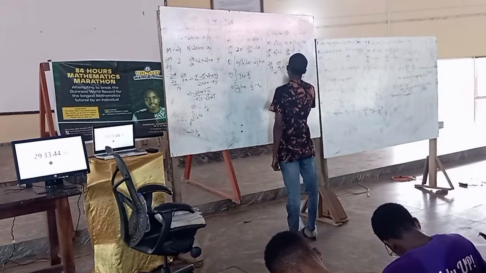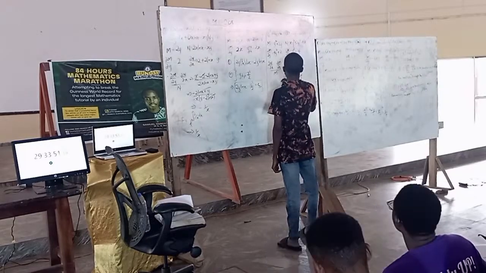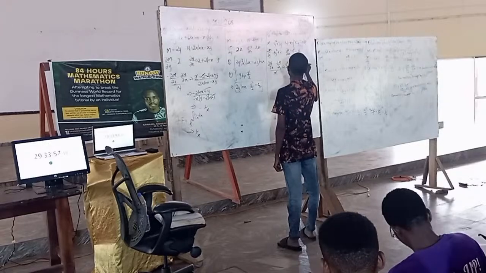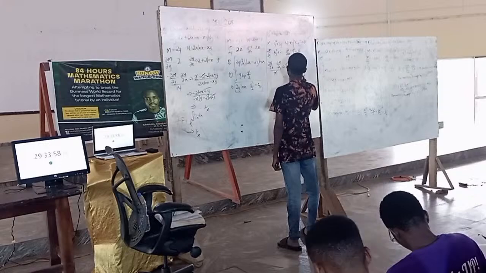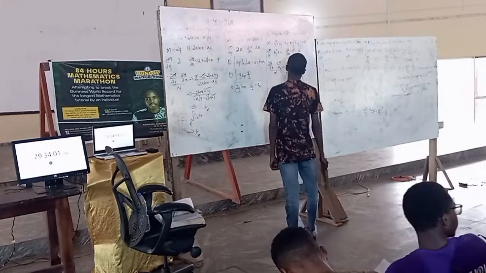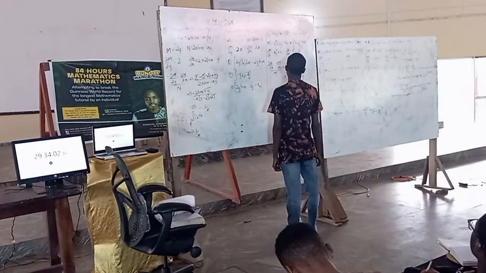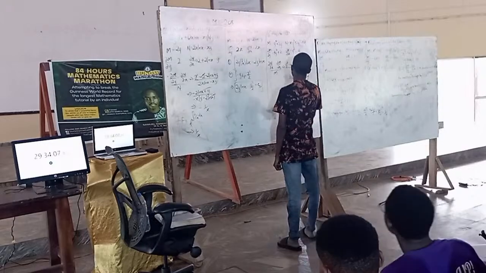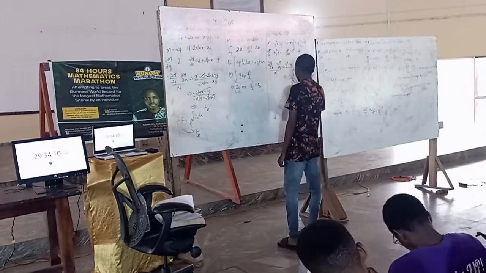And everything minus 2 gives minus 6, over y to the power of 4 plus 2y.